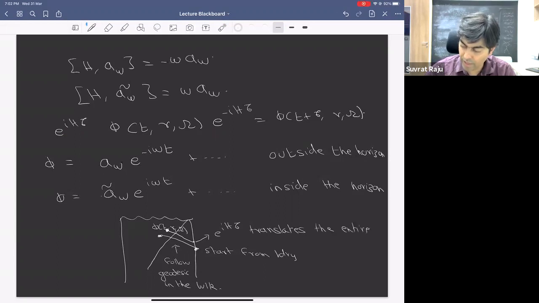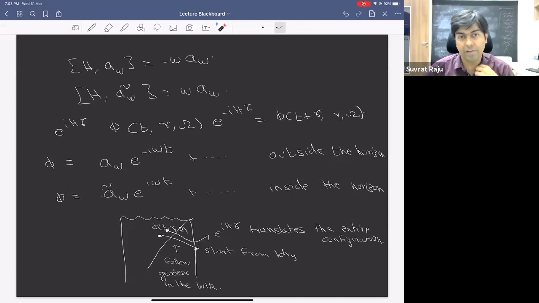Notice that the configuration was translated outside the boundary, but because we are thinking of a geodesic, and because this metric at late times develops a Killing isometry, it is t that gets modified inside as well. Remember that inside the black hole, t is actually not the time coordinate, it is r which functions as the time coordinate. So you might be puzzled about how e to the iHt is still generating translations of t.